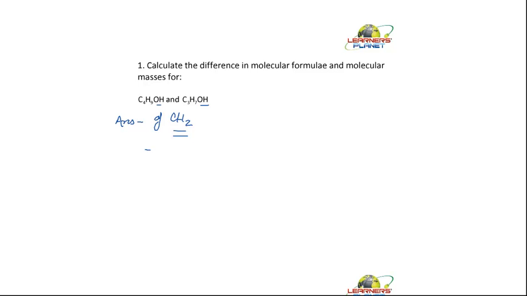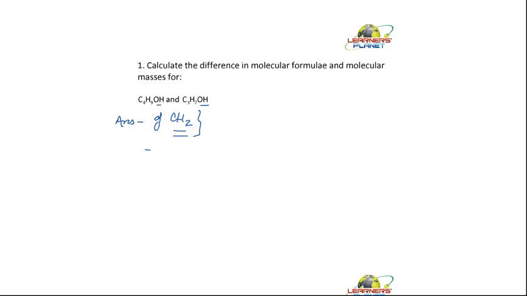So you don't need to calculate the molecular mass of C4H9OH separately and C3H7OH and then subtract them. Actually, there is no need of it. We know that the difference in the molecular formula is of CH2.